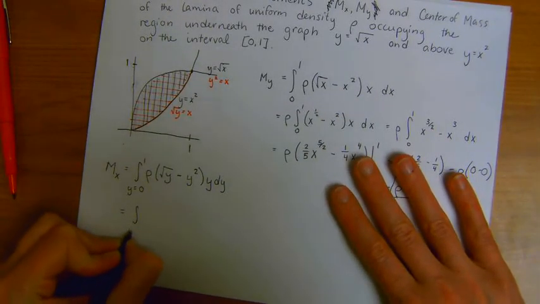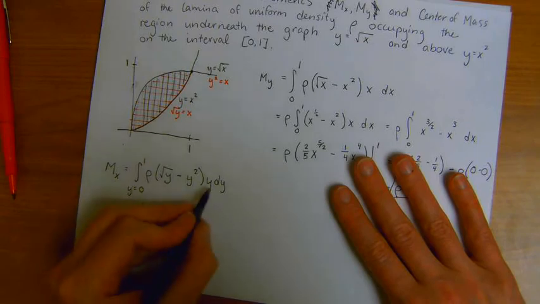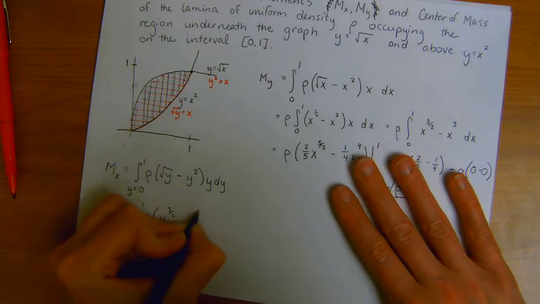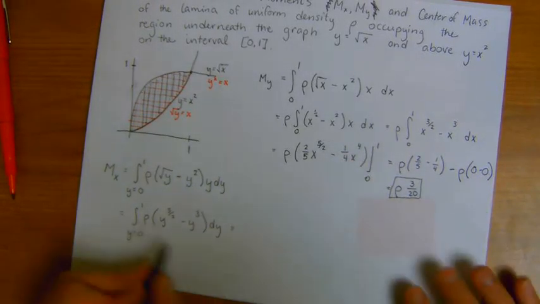So this is the integral as y goes from 0 to 1 of rho, and I'm going to multiply this all out. This becomes y to the 3 halves minus y cubed dy. Haha, this looks surprisingly similar.